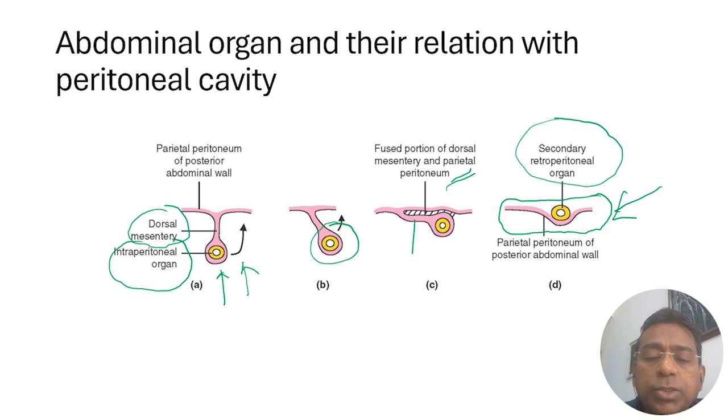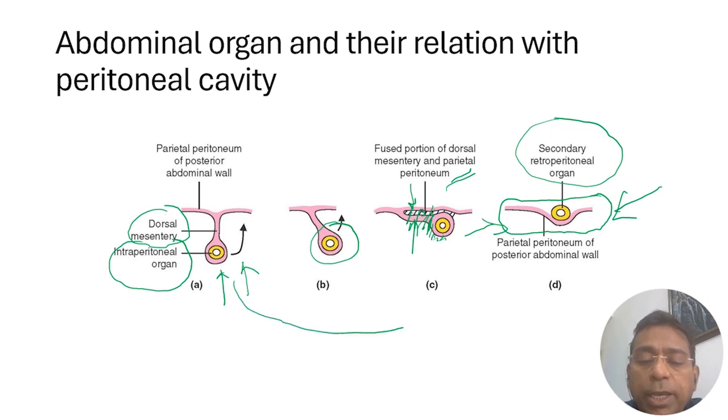You can see here that's the dorsal mesentery and that's the parietal peritoneum of the posterior abdominal wall, and they get fused and this fused portion will degenerate and then the organ becomes retroperitoneal. So such organs which are initially intraperitoneal and later become retroperitoneal are called secondary retroperitoneal organs. Examples are pancreas, ascending colon, descending colon, duodenum.